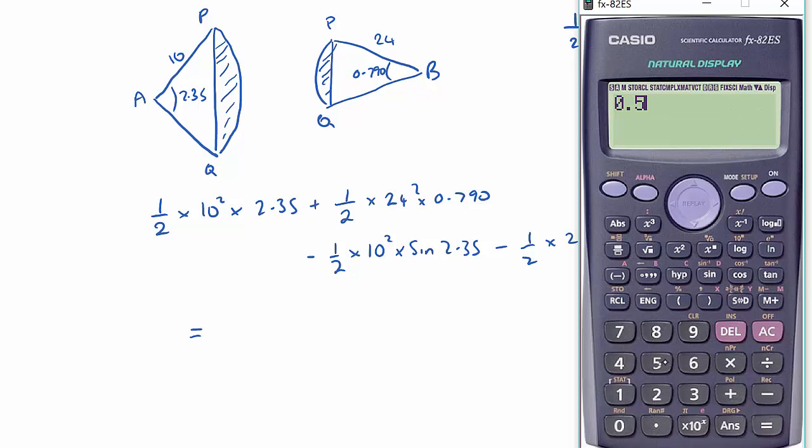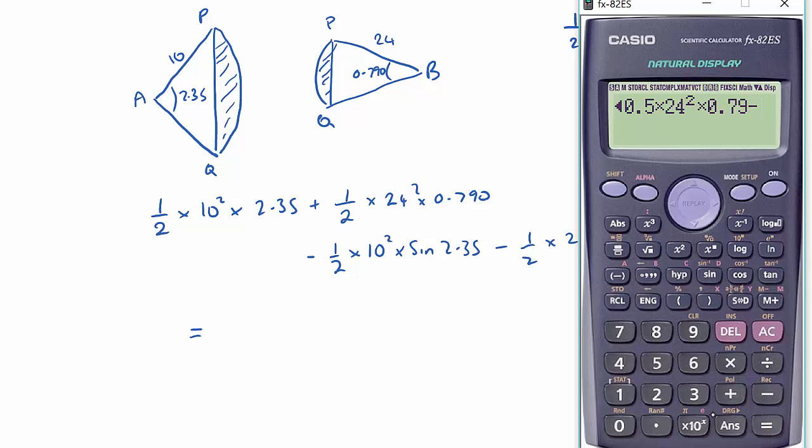So we've got 0.5 times 10 squared, which is 100, times 2.35. So that's in there okay. Then we've got 0.5 times 24 squared times 0.79.